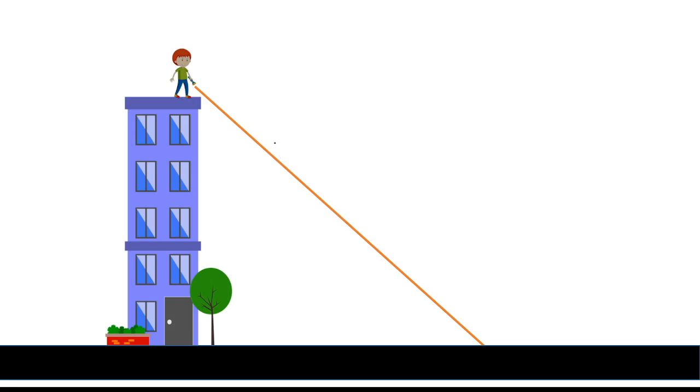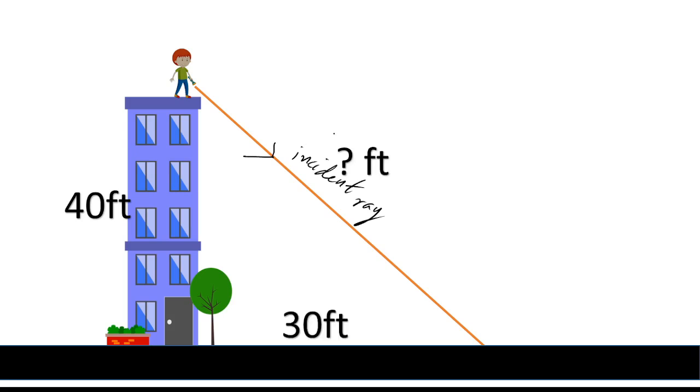So the path of this light is called incident ray. As we have said, the height of the building is 40 feet, and we need to find out the hypotenuse. The base is 30 feet.